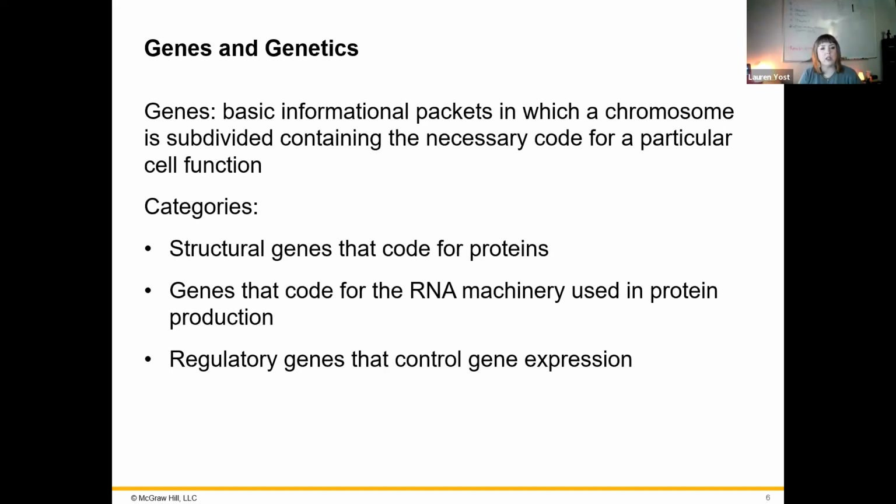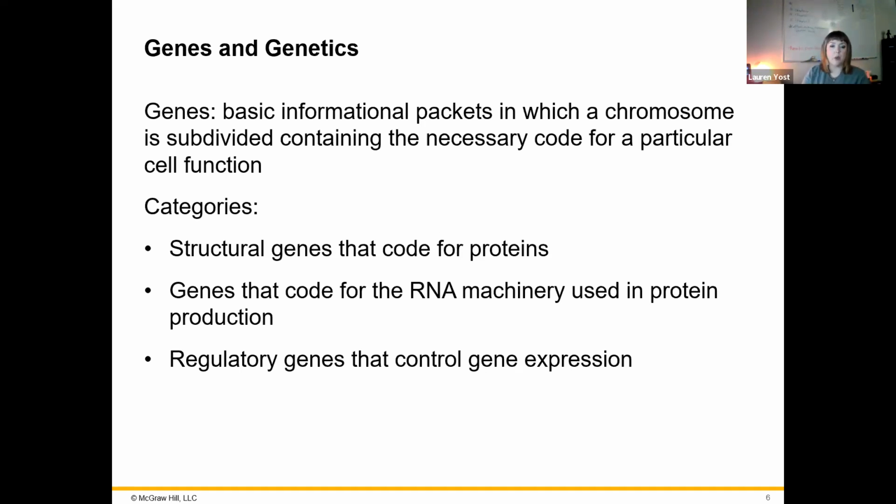So a gene is an informational packet that typically codes for some sort of function. That function often is going to be read out as a protein as a result. So these are structural genes that code for proteins, and genes that code for RNA machinery we would be using for protein production. Here we're talking about the makeup of the actual ribosomes themselves, or the transfer RNAs.